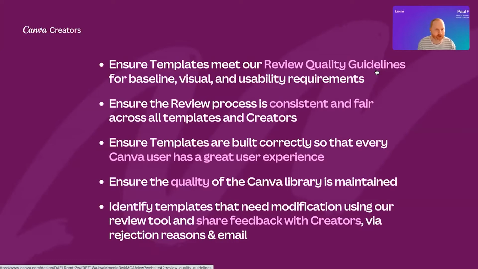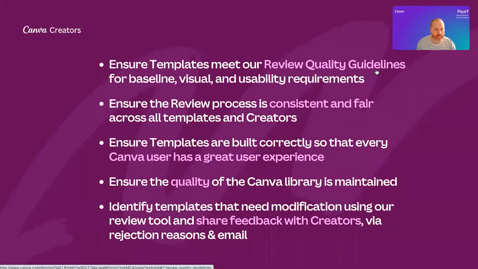Baseline being all of those very straightforward things like sensitive content, legal, originality, that type of thing. Visual is just from an aesthetic perspective, and usability is whether or not that template is functional within the Canva tool, and all of the template elements and features work within the Canva tool properly and as they should.